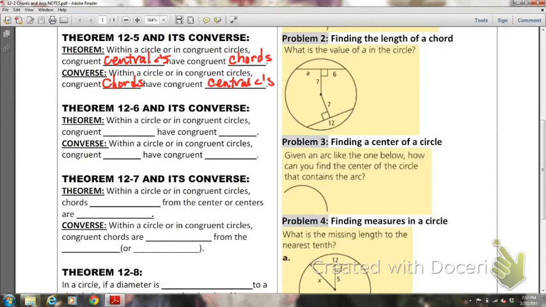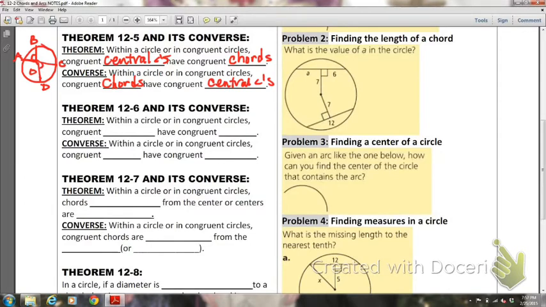So let's draw the diagram in the margin again. Got a circle. Call it circle O again. We have our central angles AB and central angle CD. Those two central angles are congruent.